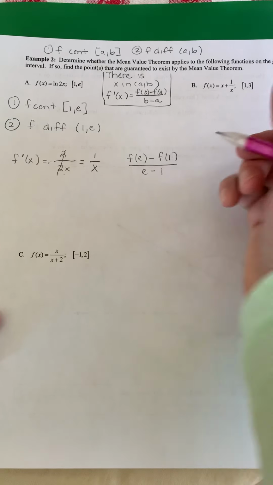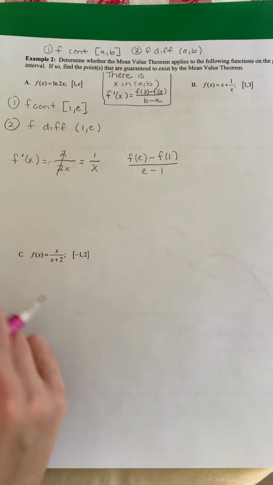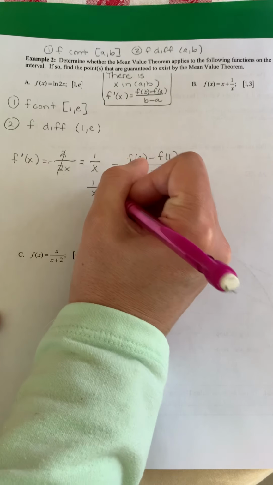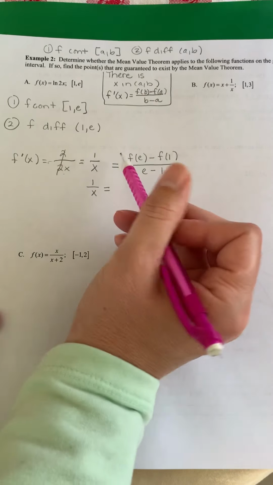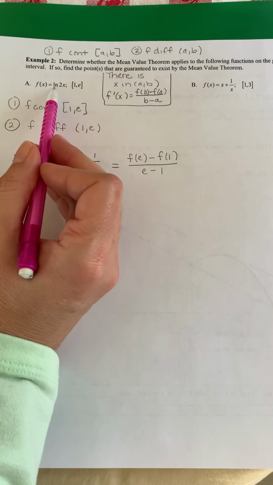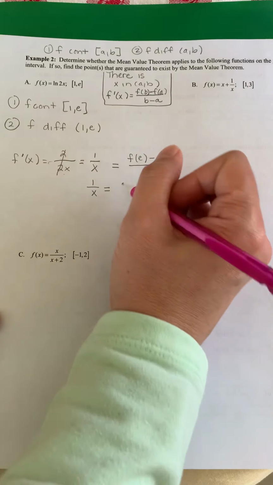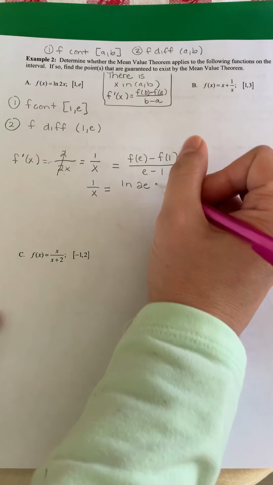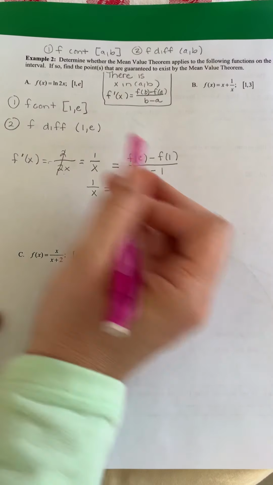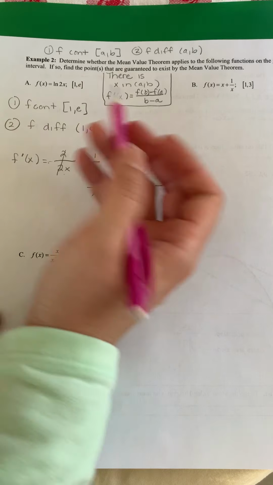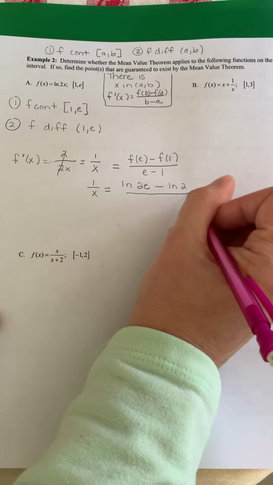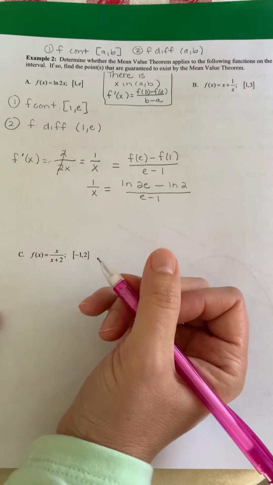Setting these two equal to each other, we're going to have 1 over x equal to, well, f of e. If we go back and plug in e to our function, we're going to have the natural log of 2e. Then minus, we'll plug in 1 to this function, the natural log of 2, all over e minus 1.